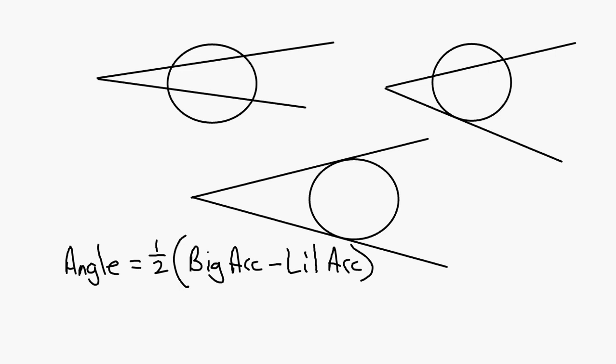So if we call this ABC, and then D and E, the measure of angle A is going to be equal to 1/2 of arc CE minus arc BD.